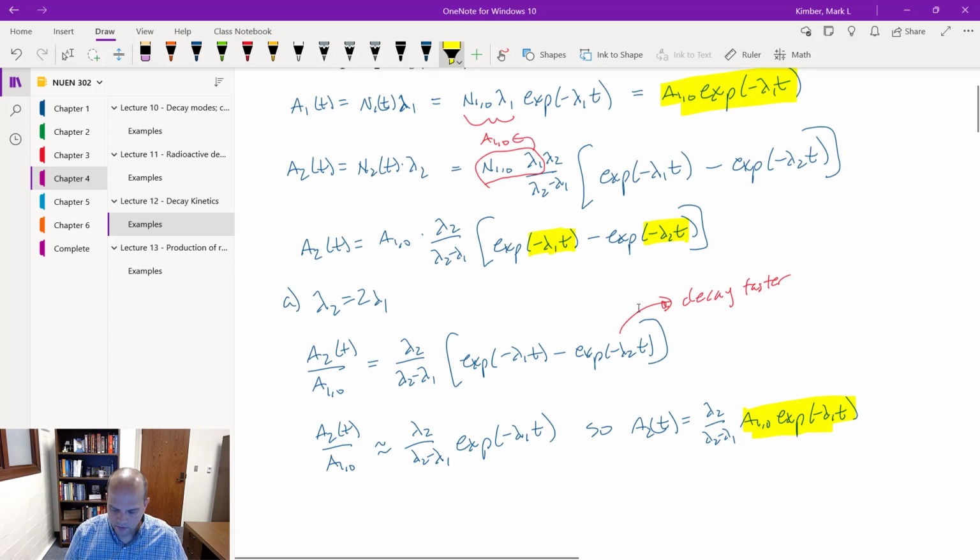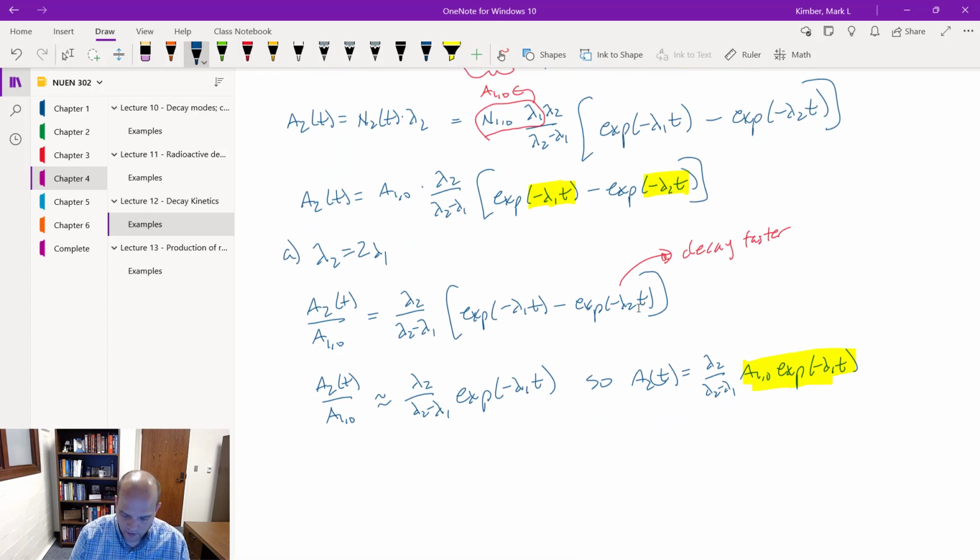And so the two can be related to each other with the following. The activity at 2 can be approximated as the activity at 1 multiplied by some constant. In this case, the ratio of my decay constant of lambda 2 divided by the difference in the decay constants.